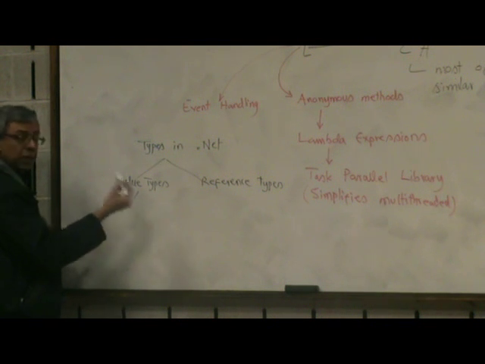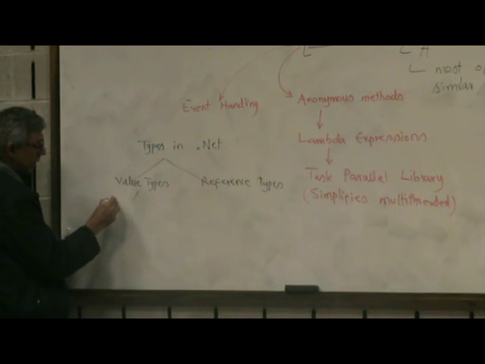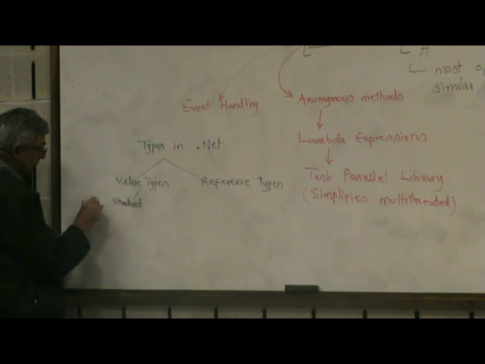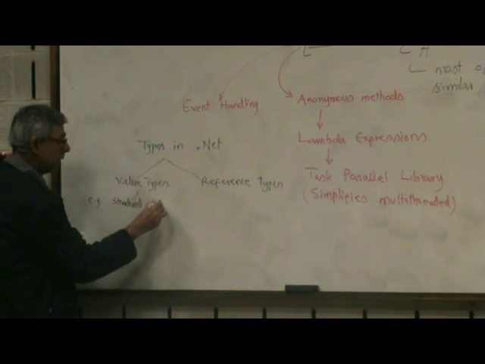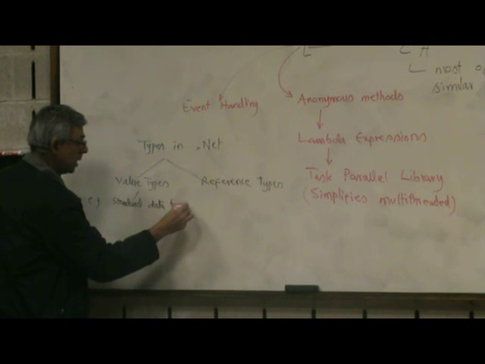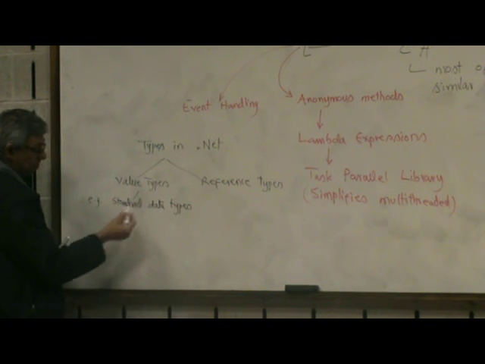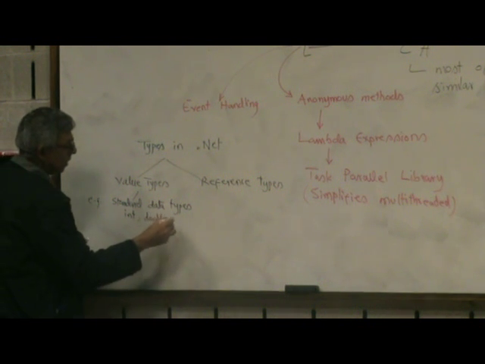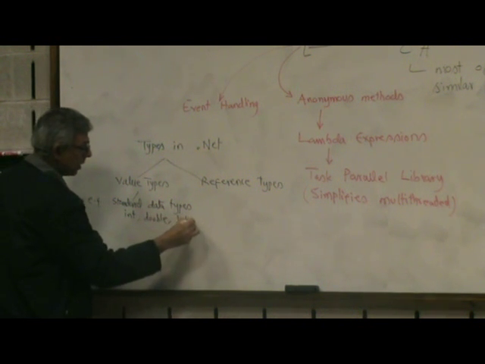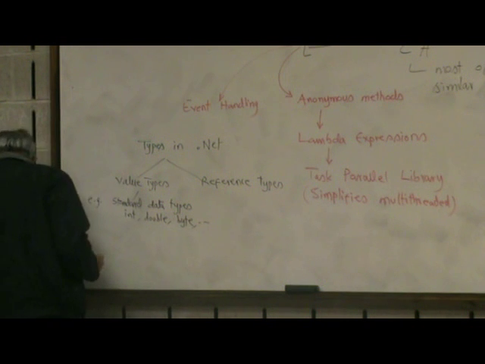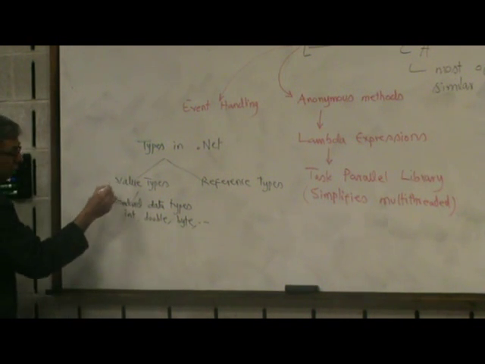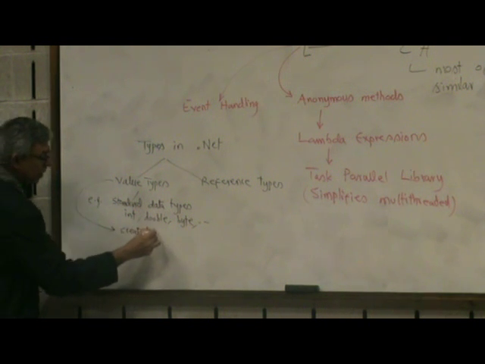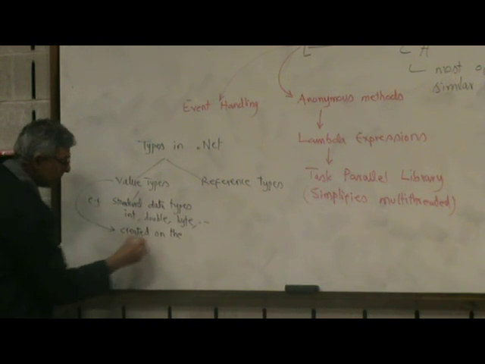For example, standard data types such as int, double, byte, and so on. Value types, as you already know, are created on the stack, correct?